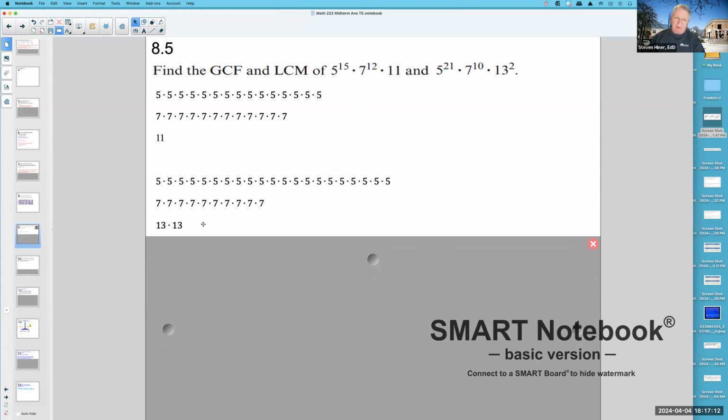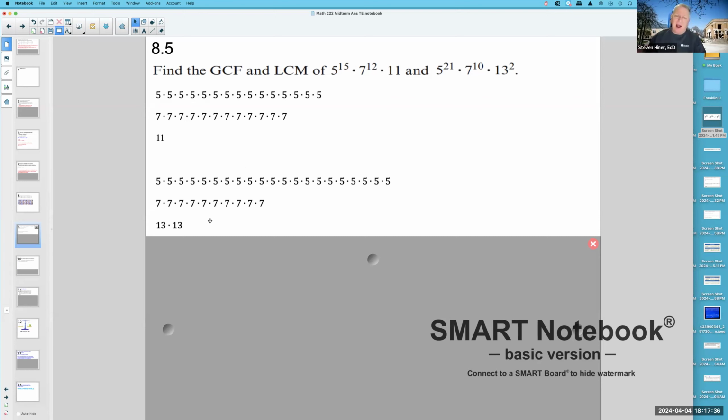The greatest common factor is a number that goes into both of these numbers. It's the biggest number that goes into both of those numbers. So right off the bat, this first number has an 11 in it, and the second one has 2 13s in it. But the first one doesn't have a 13, and the second one doesn't have an 11.